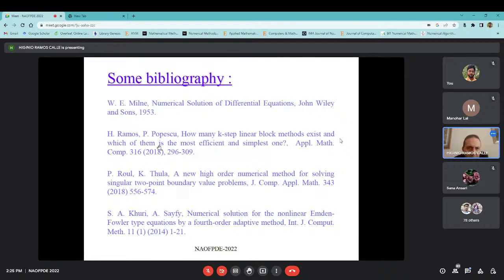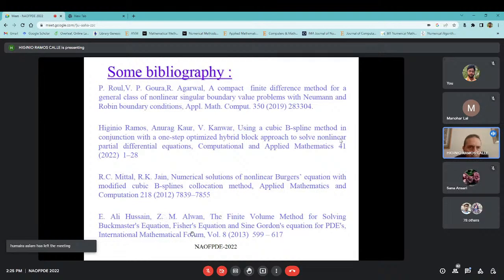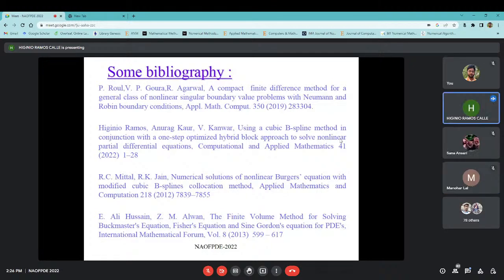This is a work about the k-step block methods, the different formulations of k-step block methods. This is just other articles I used to take the problems to be solved in order to compare.